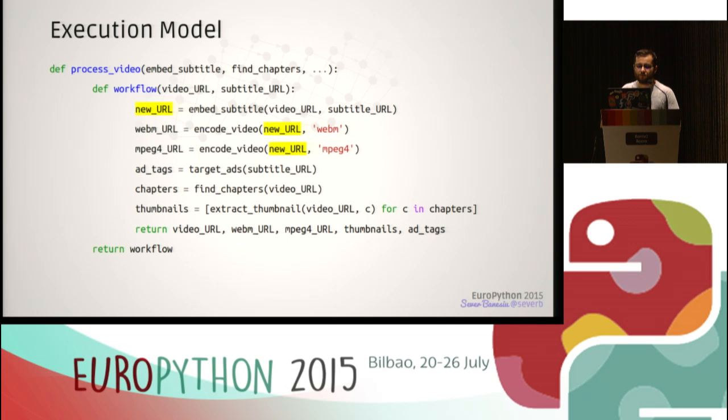But the calls for the video encoding won't schedule any activities because they will have a placeholder as part of their arguments, meaning that there are unsatisfied dependencies. And in this case, the results for the proxy calls for the encode video task will also be placeholders. So what this does, it's actually building the DAG dynamically at runtime by tracing all the results from the proxy calls through the arguments of other proxy calls.